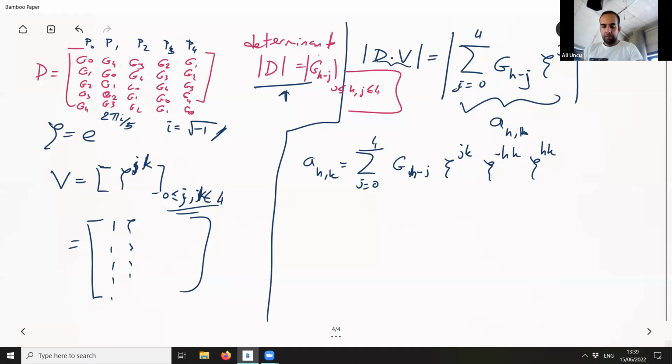Nothing too bad. So I can take this term out that is not related with the sum. HK, J from 0 to 4. Then we would have G of H minus J, depending on X, and a zeta of J minus H of K. So the indices are basically just negatives of each other.